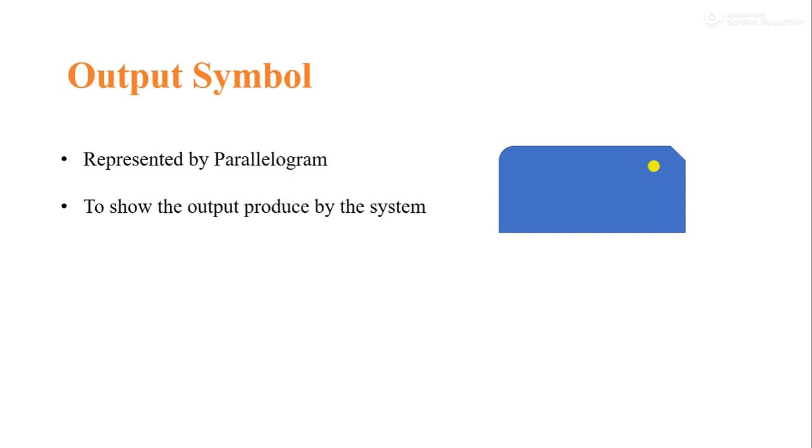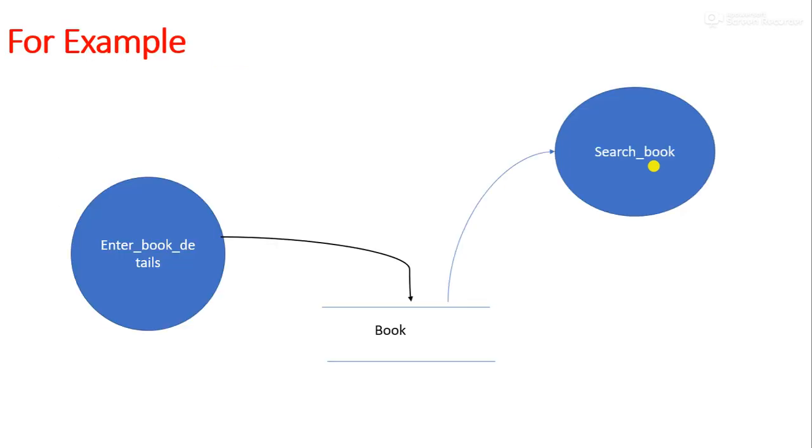I'm going to discuss 2 important concepts, that is synchronous process and asynchronous process. So here this process is an asynchronous process. Why? Because first this process is entering the detail into this data store, then only this process is fetching the data from the data store.